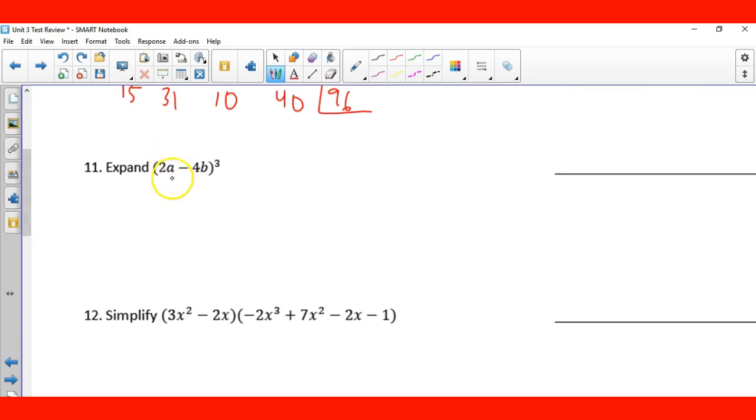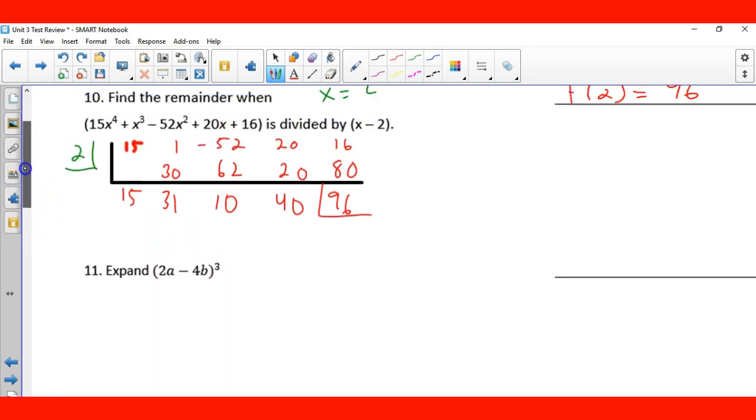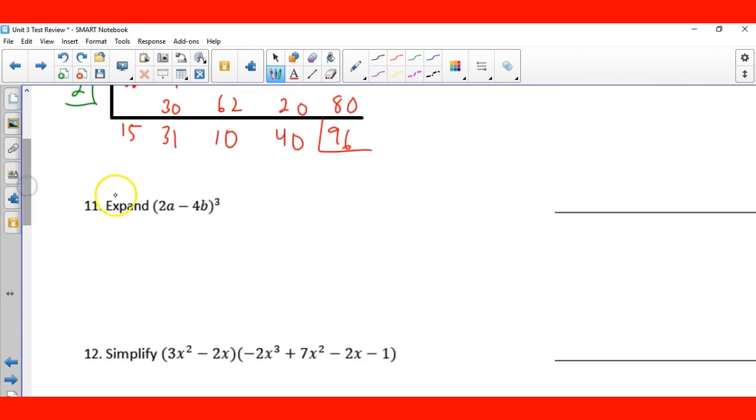Okay, this one, expand 2a minus 4b cubed. This is Pascal's. So before I begin, I'm going to draw out Pascal's triangle to the third row. Remember 1, then 1, 1. And then from there, guys, it's just adding. I have 1's on the outside, and what goes in the middle is 2.